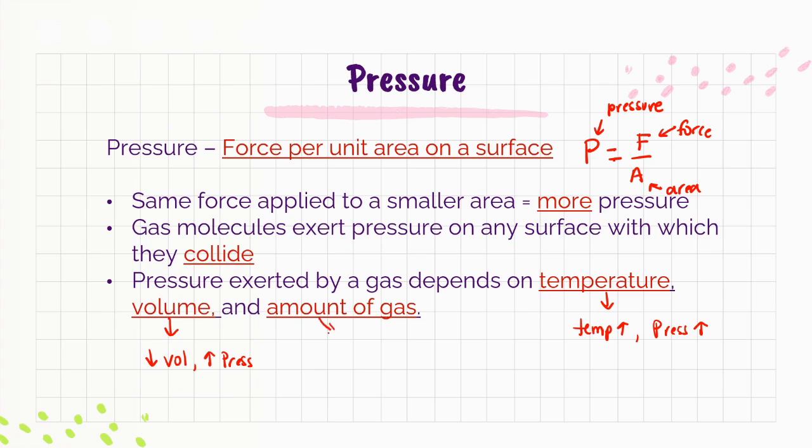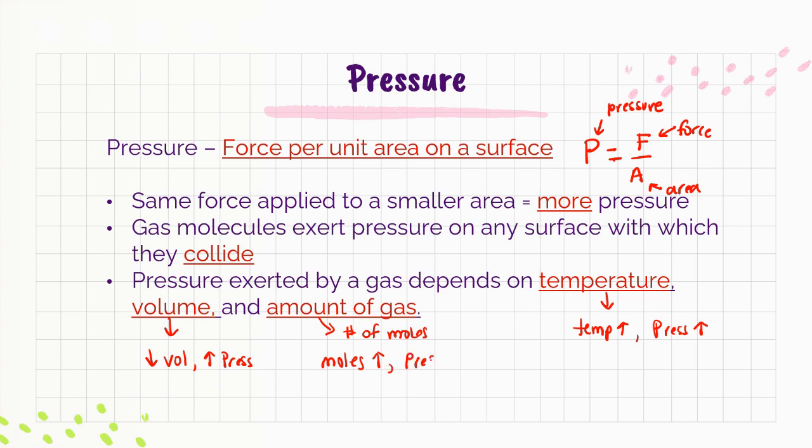And the amount of gas, I'm going to talk about this as the number of moles. So if the moles increase, so we put more particles of gas in, will the particles hit the sides of the container more or less frequently, assuming we keep the size of the container the same? Well, more moles is going to make more collisions with the sides of the container.